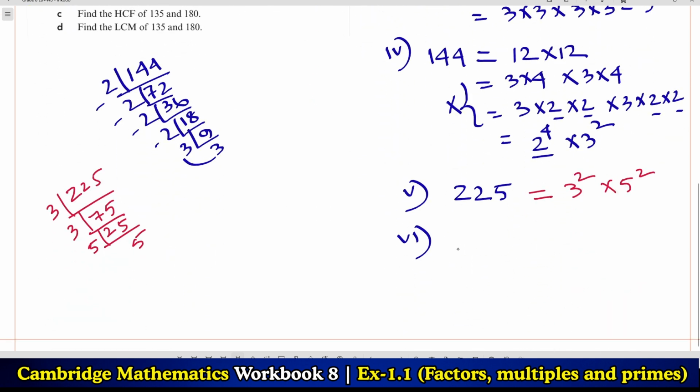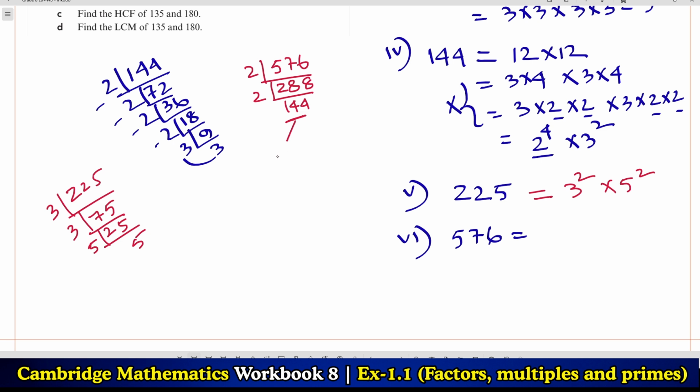Now 576. How can we write 576? It's an even number, so we can divide it by 2. So here is 2 and 288. Then we can divide it by 2, it's 144, right? And for 144, we already got 2 to the power 4 and 3 squared.